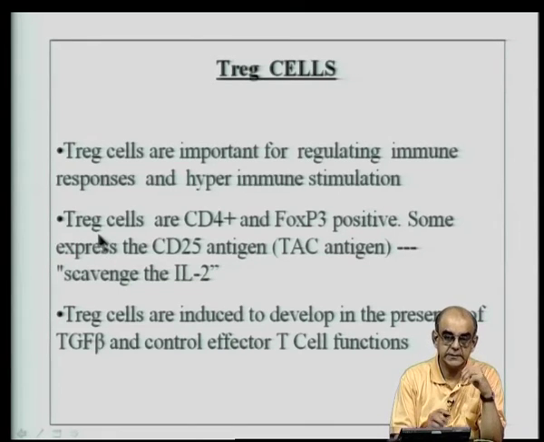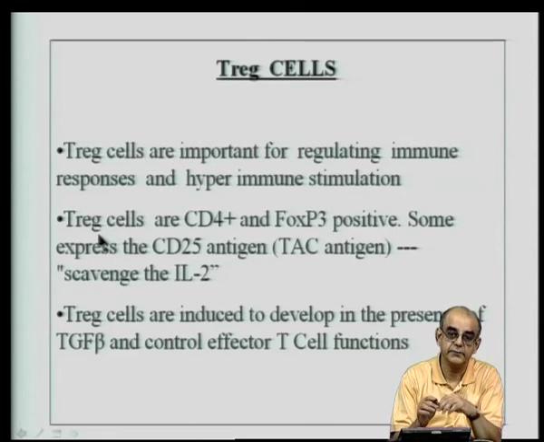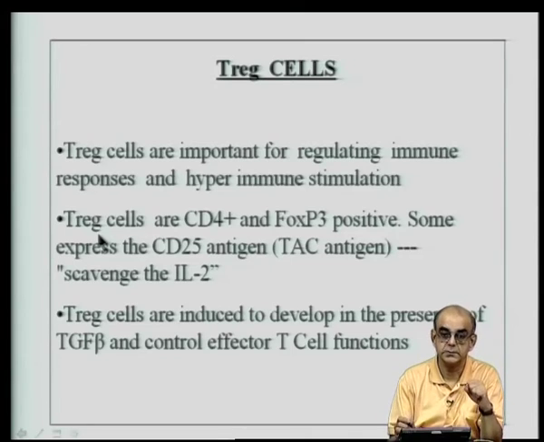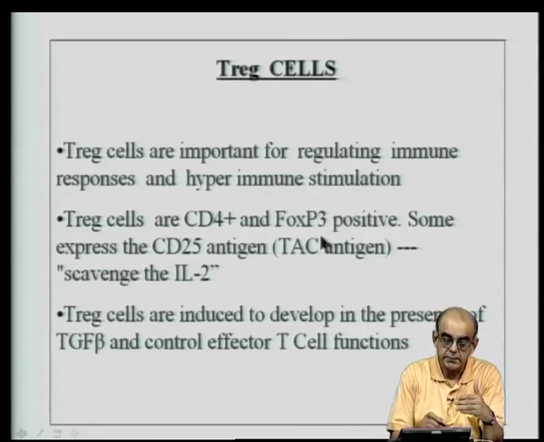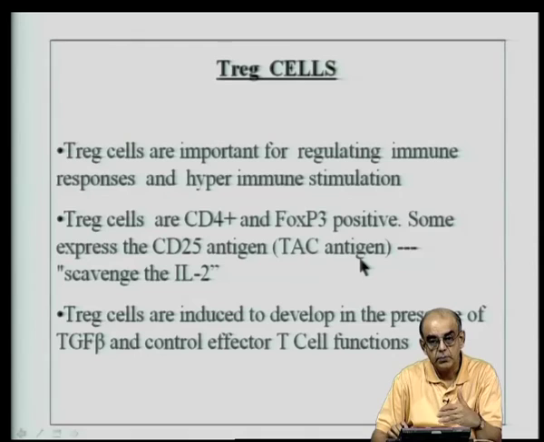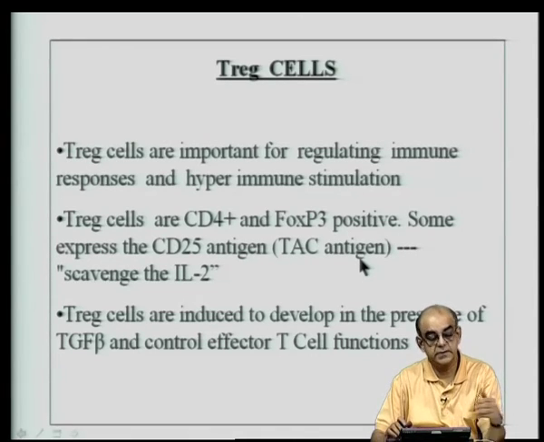So, these Treg cells again come in different subsets having different surface markers, but basically they are CD4 positive and FOXP3 positive, a transcriptional factor that is characteristic of these Treg cells. Some express the CD25 antigen or the TAC antigen. What is the consequence of expression of this TAC antigen?